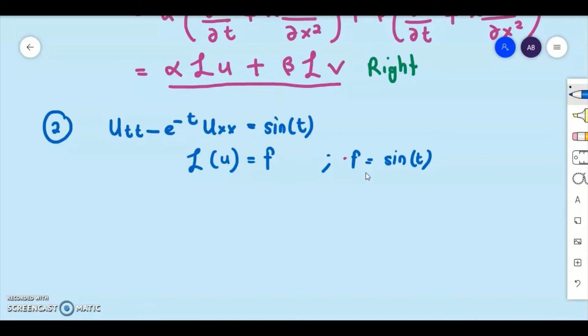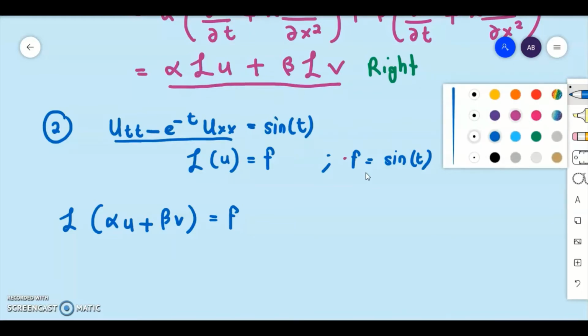So you work on your left hand side first. I want to show the operator L applied to alpha u plus beta v equals F. Let me use my purple pen.